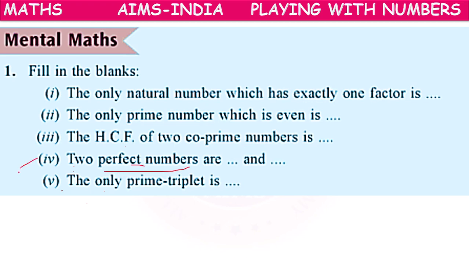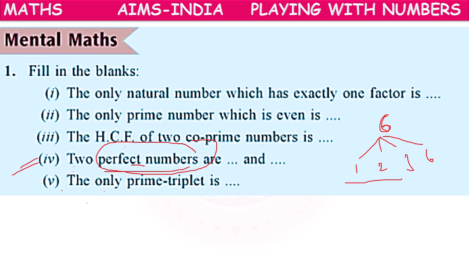Okay, children. Next, the fourth question. Two perfect numbers are. Suppose we take the number 6. What are the factors of 6? 1 is a factor, 2 is a factor, 3 is a factor, 6 is a factor.